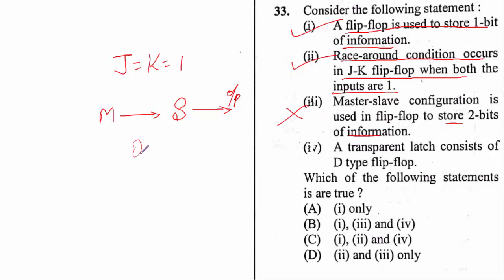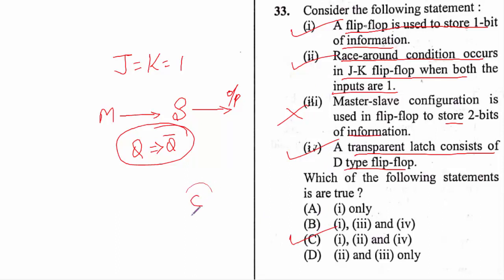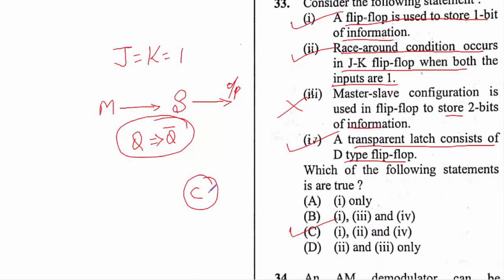We know that always Q is a complement of Q bar. Fourth statement what they have given is a transparent latch consists of D flip-flop is a true statement. So 1, 2, 4 is correct, nothing but option C is going to follow.